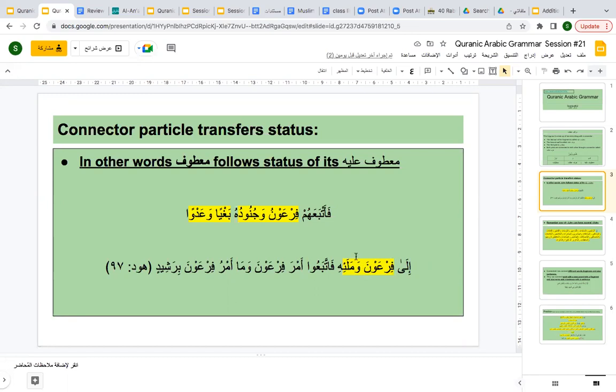And we have the status jar here because of this murakkabe atf, because of this fragment. Otherwise, there was no way it could have been transferred. I hope this is clear to each and every one of you.